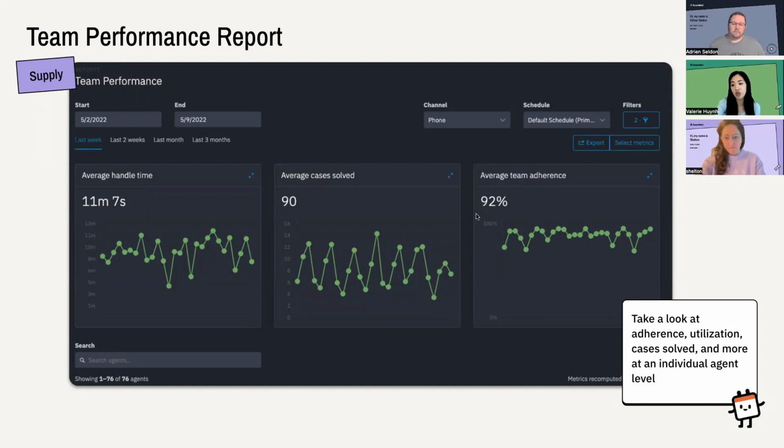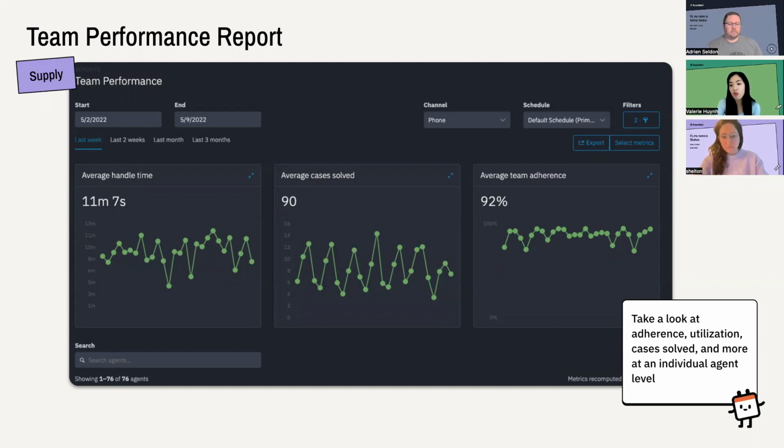So you are able to see average handle times, cases solved, and adherence at aggregated team levels, queue levels, and much more. You can slice and dice that data by utilizing our filters, which are in the top right-hand corner. And within these top panels, you can also compare individual agent performance with the aggregated average of the team. That really comes in handy to identify areas of strength and opportunity.